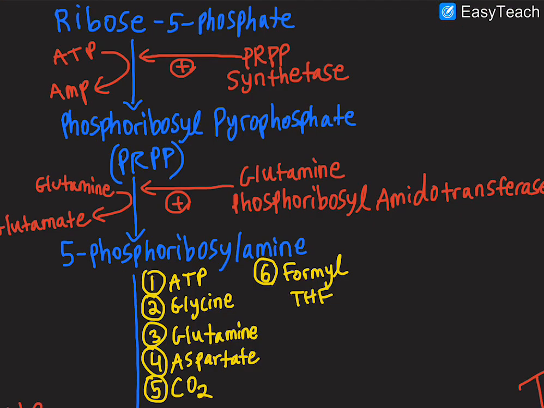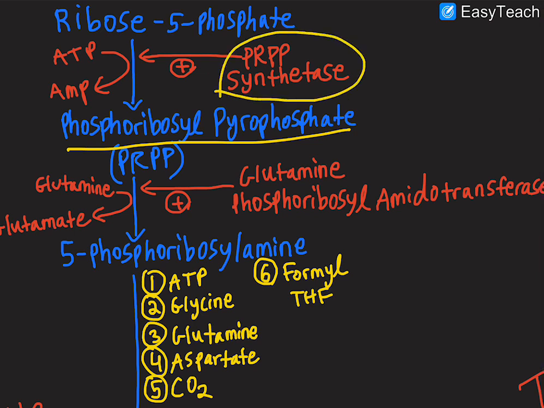So we're at ribose 5-phosphate. From here, we can make PRPP, or phosphoribosyl pyrophosphate, with the help of an enzyme called PRPP synthetase. We're synthesizing PRPP, so it makes sense that the enzyme is called PRPP synthetase. Whenever we see synthetase, we can also expect that we're going to be using an ATP molecule, which we do in this reaction.